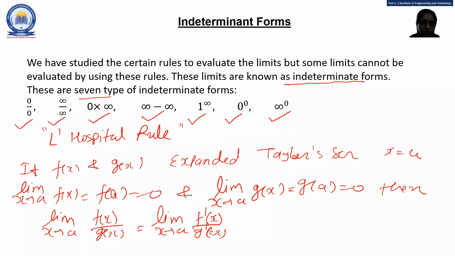See, what is the difference? Here we have to take the derivative of the numerator in the numerator and the derivative of the denominator in the denominator. This is known as L'Hospital rule.